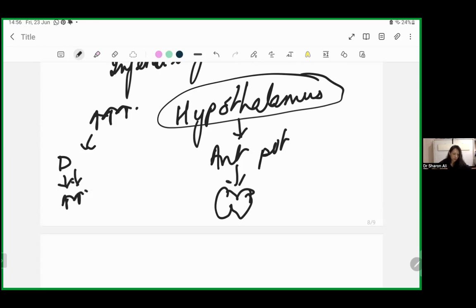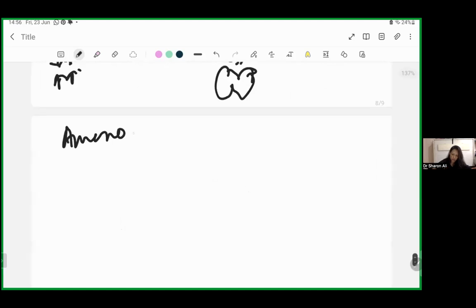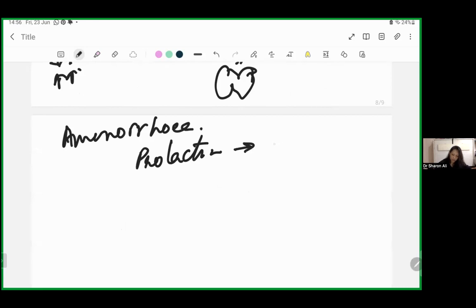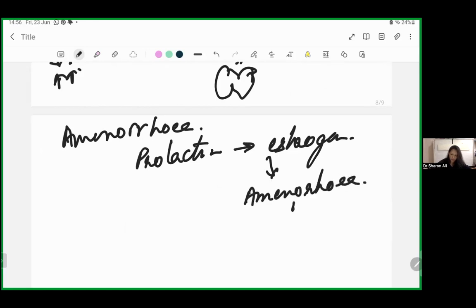Another thing which he talks about is amenorrhea, which is due to prolactin, which interferes in the production of estrogen, which causes amenorrhea and infertility.